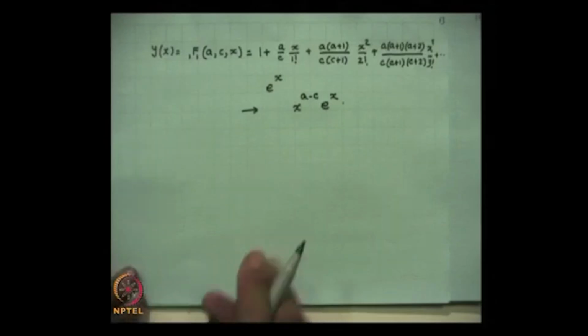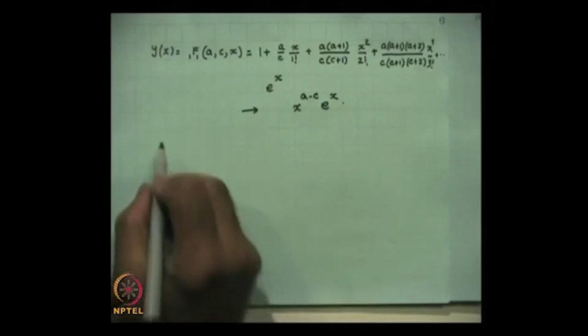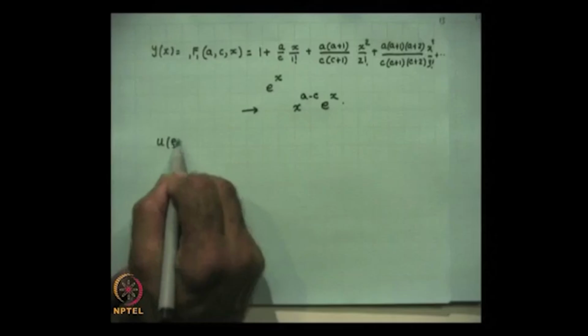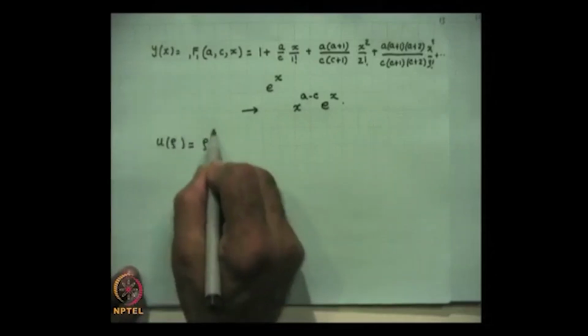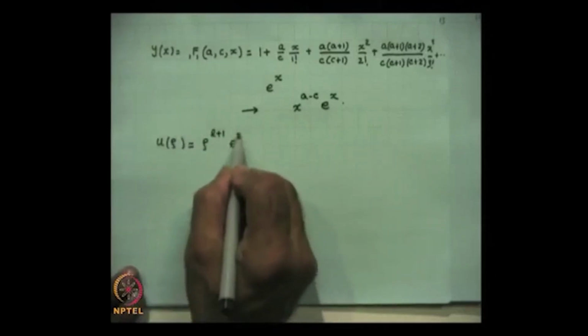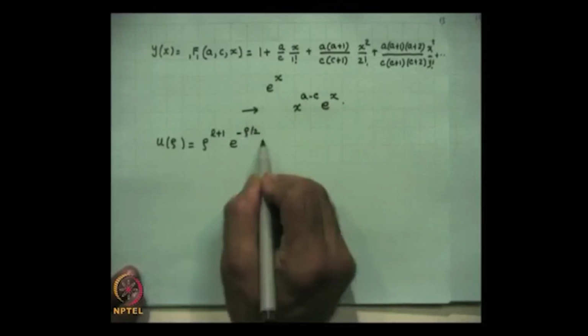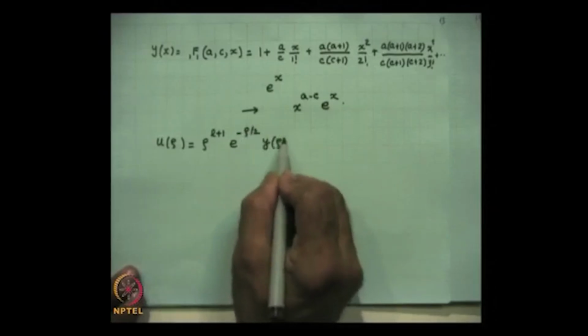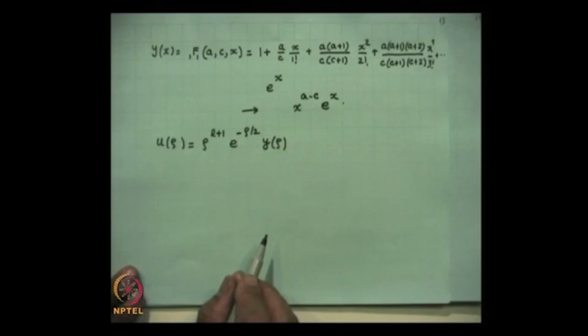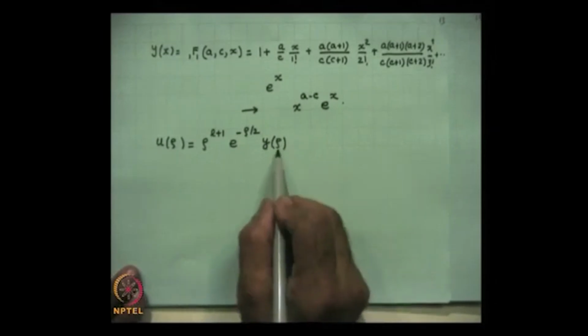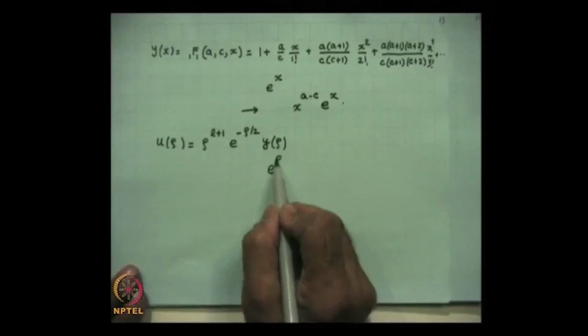Now, you may recall that my u of rho function was rho to the power of L plus 1 e to the power of minus rho by 2 y of rho. Now, at large values of rho, y will behave as e to the power of rho.